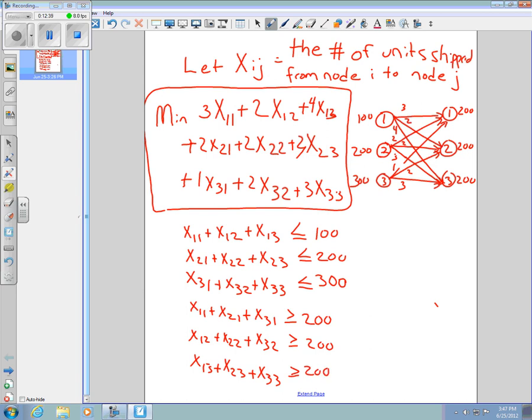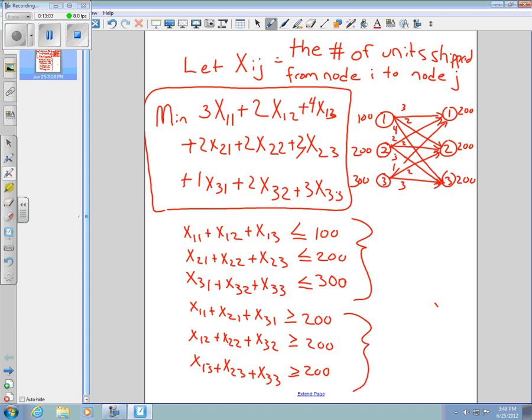So there you go. You have just formulated a transportation problem in which we are going to ask the computer to minimize the total transportation costs, subject to the 6 constraints outlined there. These first 3 constraints ensure that we don't ship more than we have. These last 3 constraints ensure that we get at least as much product as we need.